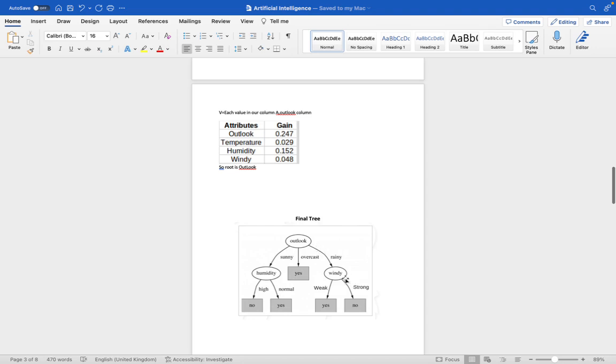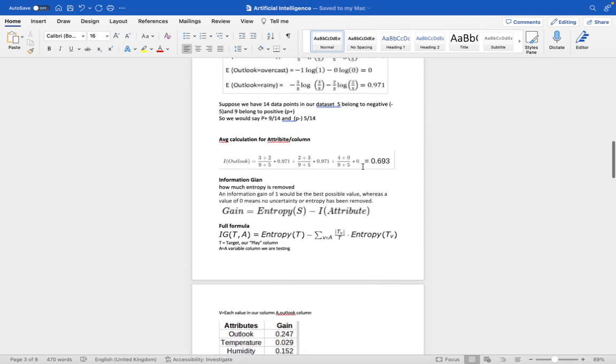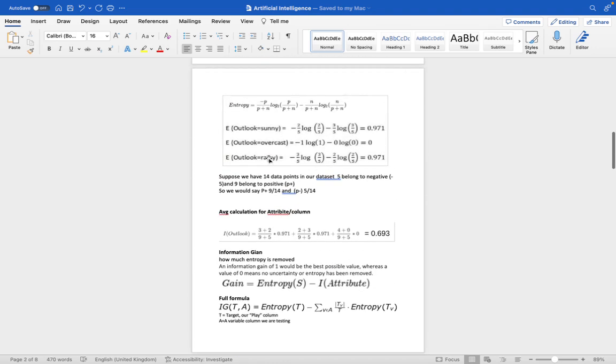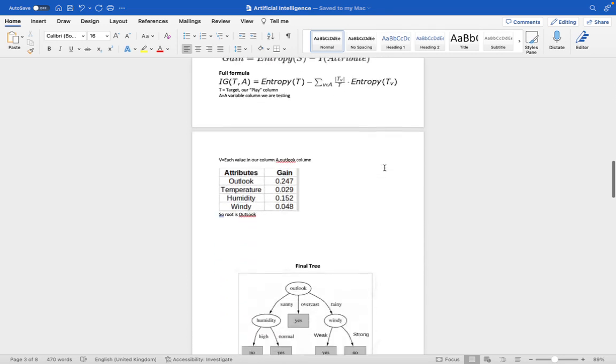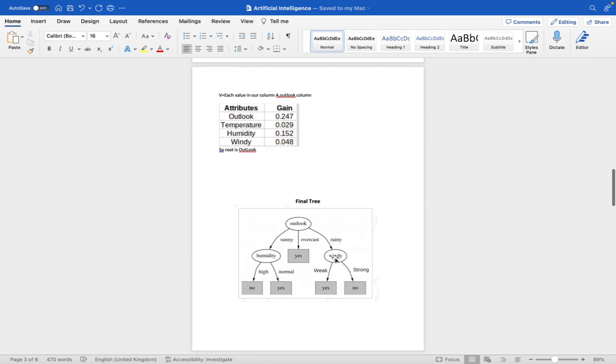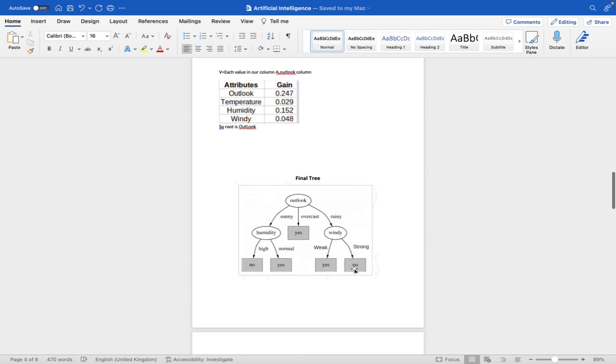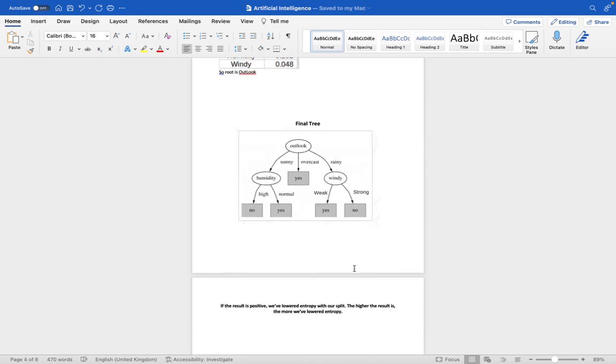Then for rain, we have wind, and the wind is weak or strong. This would be our decision tree.